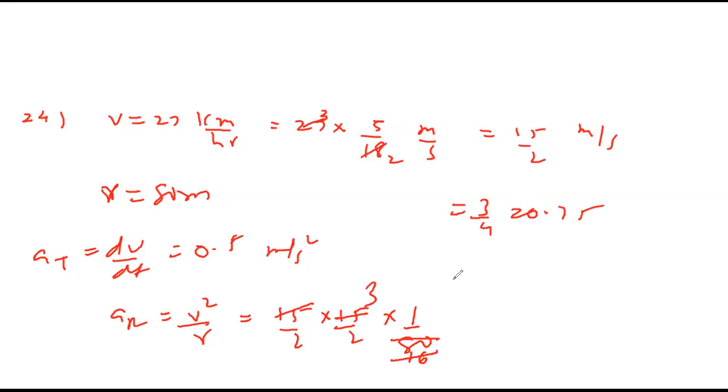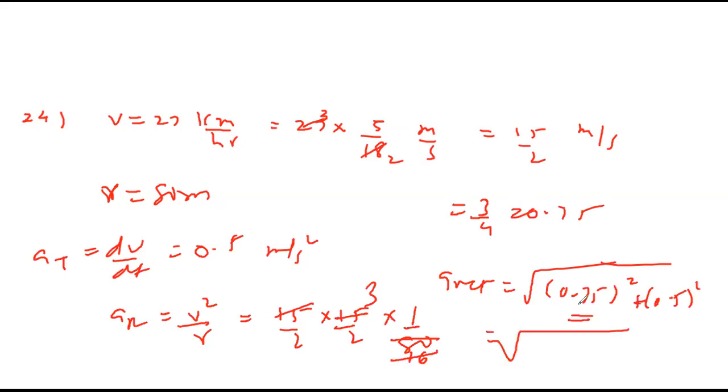The net will be root of 0.75 square plus 0.5 square. 0.75 square: if any number has 5 in the unit place, then we can find the square like this. This is a shortcut method. 7 into 8 is 56, followed by 25, so 5625. After 4 digits of decimal, plus 0.25.